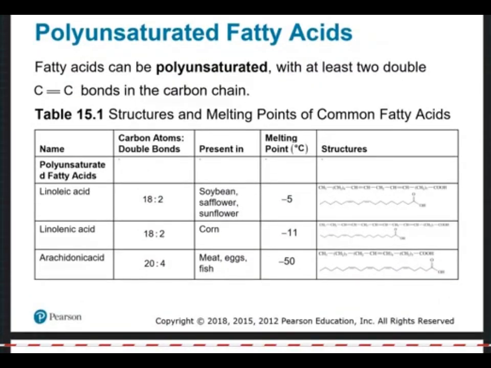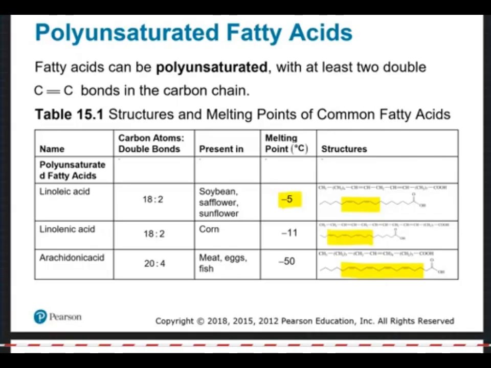And then you have polyunsaturated fatty acids. For example, linoleic acid contains 2 double bonds. Linolenic acid, 3. And arachidonic acid, 4. Look at the melting points. We're talking about pure acid, okay?